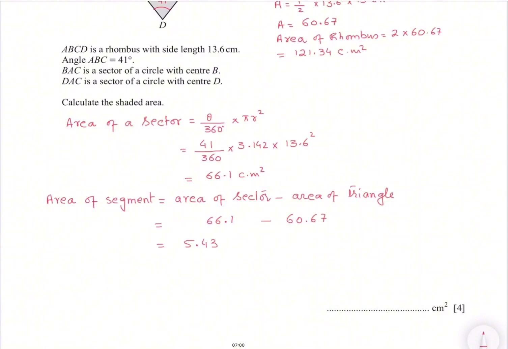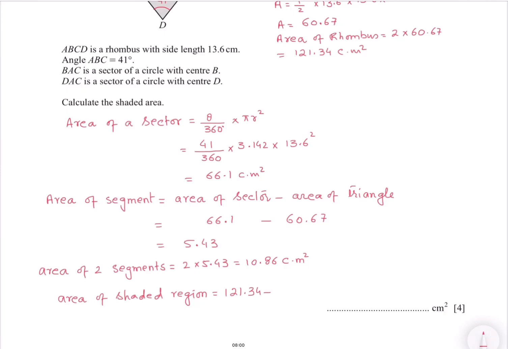So this is the area of segment, 5.43. Now the area of two segments, so 2 into 5.43, that is 10.86 centimeter squared. So the area of the shaded region would be 121.34 minus 10.86, and that's it. Your answer is 110 centimeter squared.